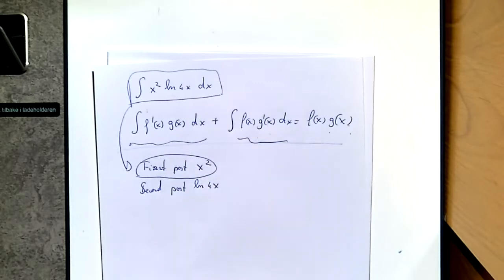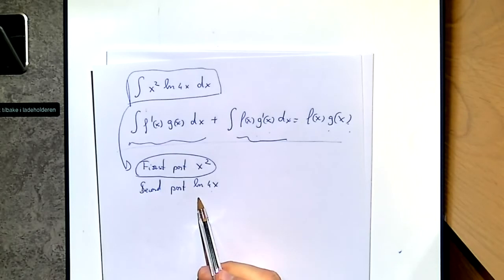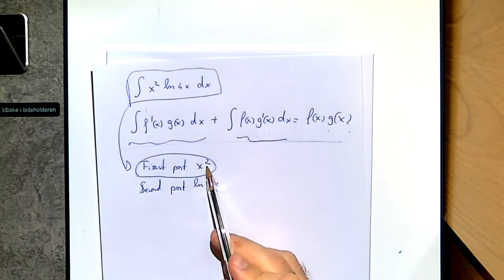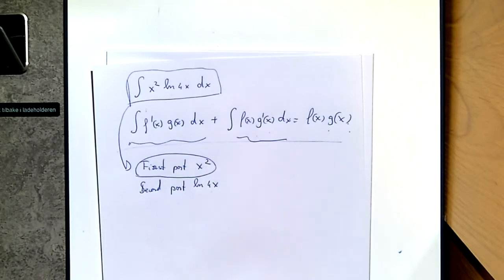Why? And you're going to ask me, okay, how do I know which one is the correct one? The answer is you don't. It's just practice. And what I do is I just take the easiest one out. In my case, I don't know what the primitive of log of 4x is, but I know the primitive of x squared is pretty simple. There's no rule that you always take the first one or the second one.